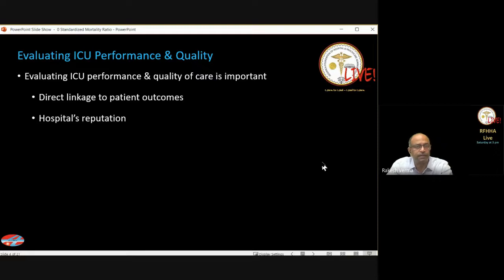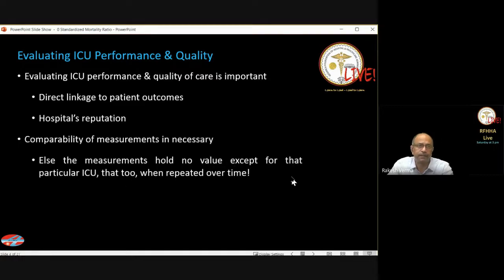And how are we able to assess the level of performance and then carry out some amount of investigation to figure out what are the factors that are not allowing us to deliver the level of performance that is necessary. So for this purpose, it is important to have measurements which are comparable in nature.